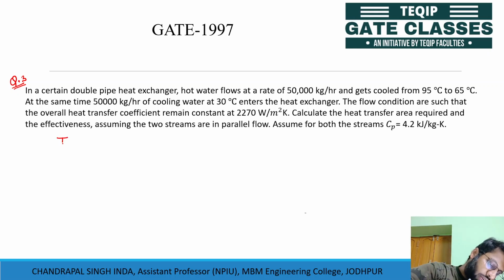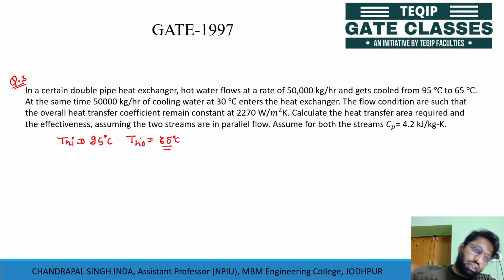So the T hot inlet is given as equal to 95 degrees centigrade, and T hot outlet is equal to 65 degrees centigrade.